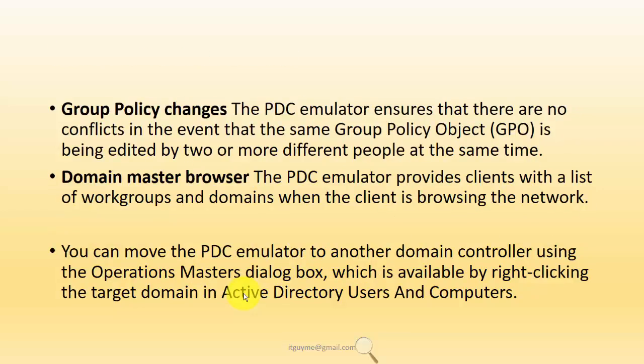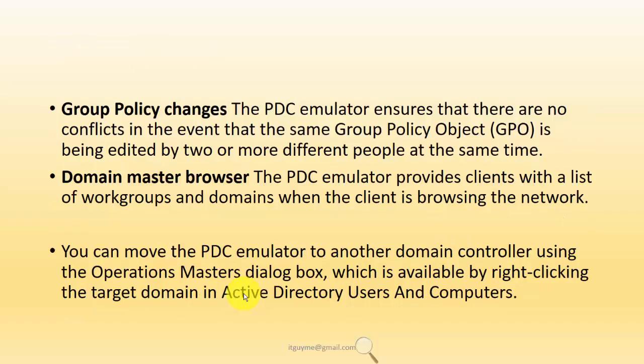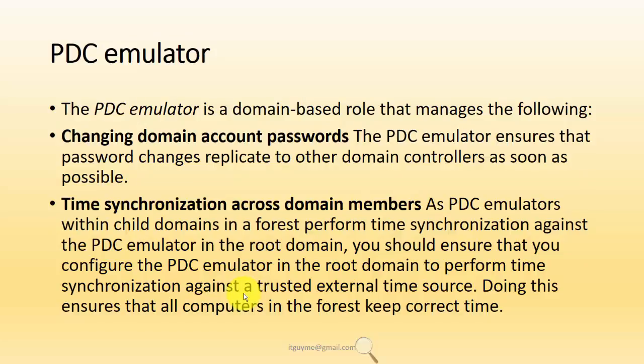So these are some of the tasks. If this role holder is down, how soon will the user know that? If this PDC emulator is down, how soon? Very critical. Very soon. Like when the user is logging in with password authentication, or they are browsing something on the network.